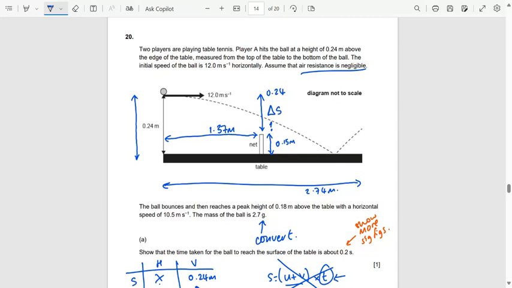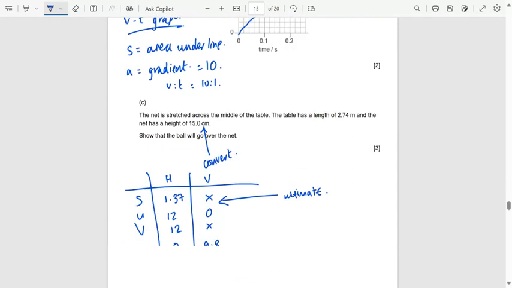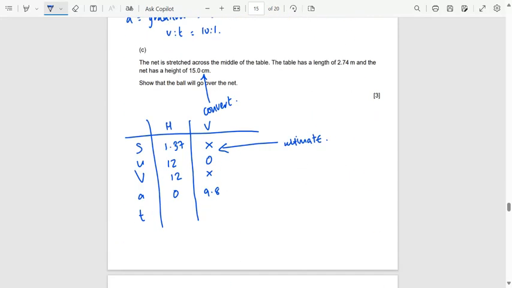So we need to find the vertical drop, the vertical distance traveled by the time it reaches the net. This is what we're looking for, but we don't have the time.